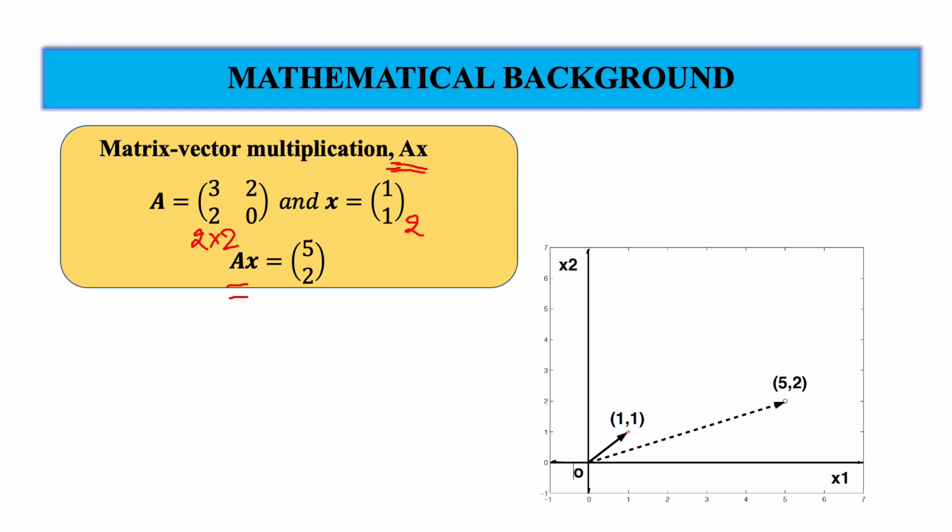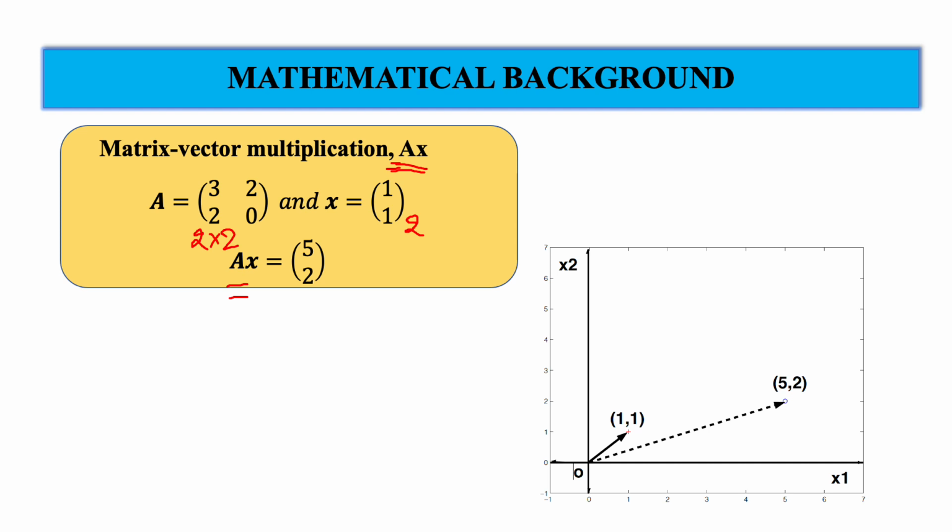So you will see that the original vector got rotated to a new vector, and not only that, its magnitude also increased. In some cases it may happen that the matrix will rotate the vector and the magnitude will reduce.